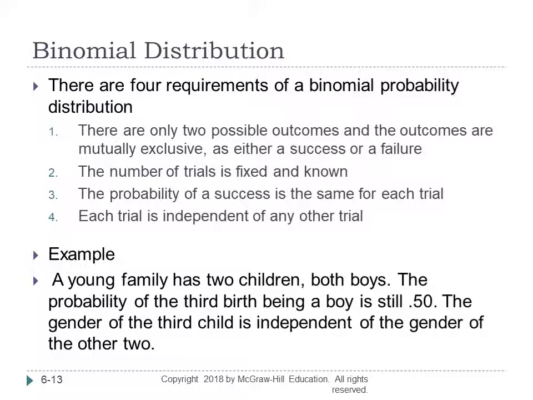Now what happens on the third trial? The probability of a boy is still the same. It is 0.50. The gender of the third child has nothing to do with the gender of the first 2. That type of experiment is considered to be a binomial distribution.